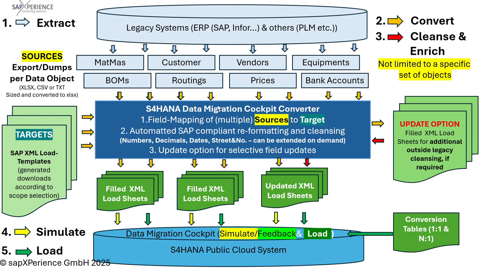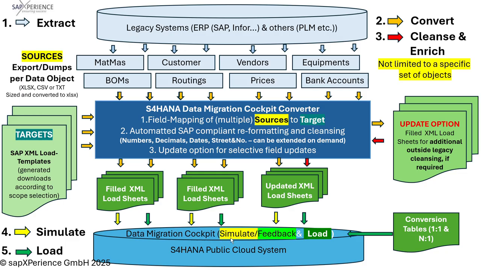which is transferring the data which you extract from your legacy system using the downloaded SAP XML load templates from the data migration cockpit and transforms this data using mapping rules, using cleaning routines into those to-be-filled load sheets, which then can be processed in SAP's data migration cockpit.